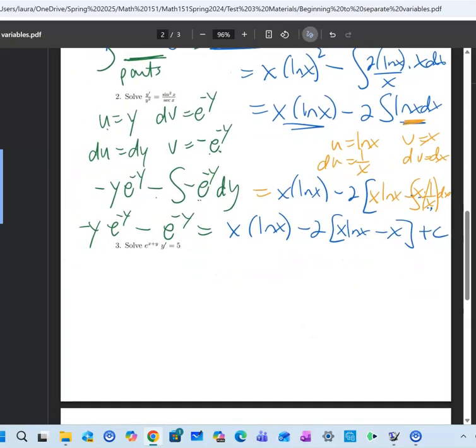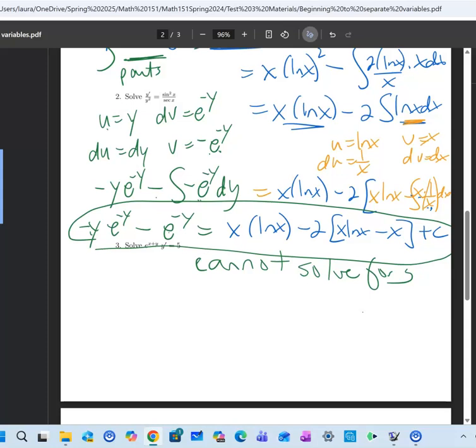So just looking at this, you can tell you cannot solve for y, right? Because there's y in 2 different places. So you just leave this as the answer. It's given implicitly, which just means you can't solve just for the y equals.